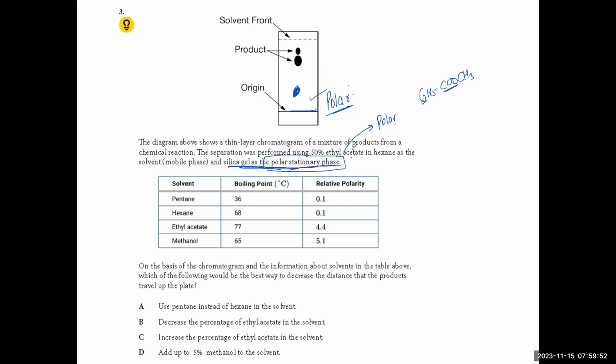And in the solvent, you are using ethyl acetate, which is also polar. And you are using hexane. Hexane is C6H14, a hydrocarbon, non-polar. Now the question is, would you like to increase the amount of this hexane or would you like to increase the amount of this acetate? That's the question. Think about it.